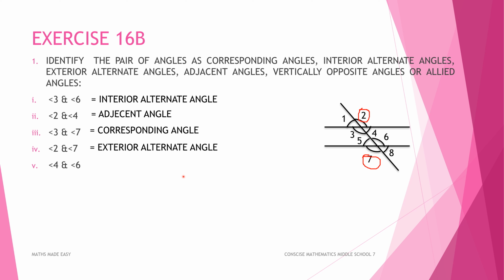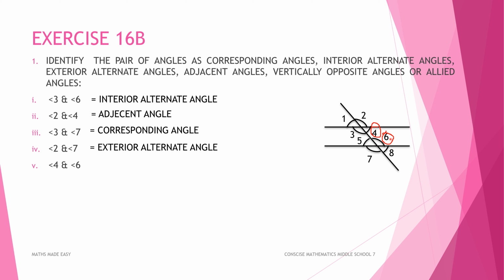Let's move on to the fifth question. Let me erase the circle. Angle 4 and angle 6. They are asking for angle 4 and angle 6. Look here carefully, children. Both are interior, right? So you might think that it may come under interior alternate angle, but it doesn't, because see, both this 4 and 6 are towards the right side.